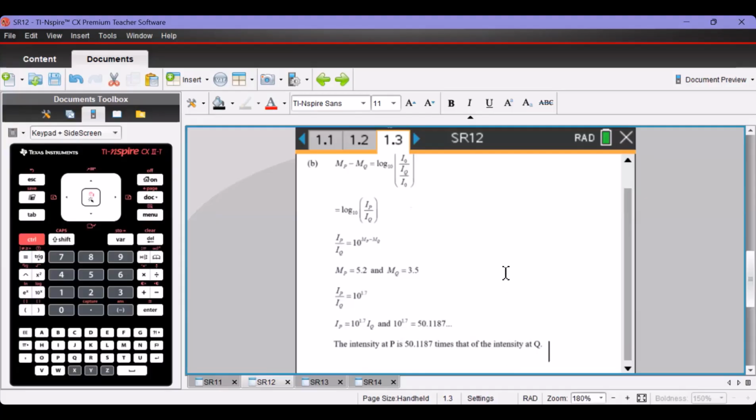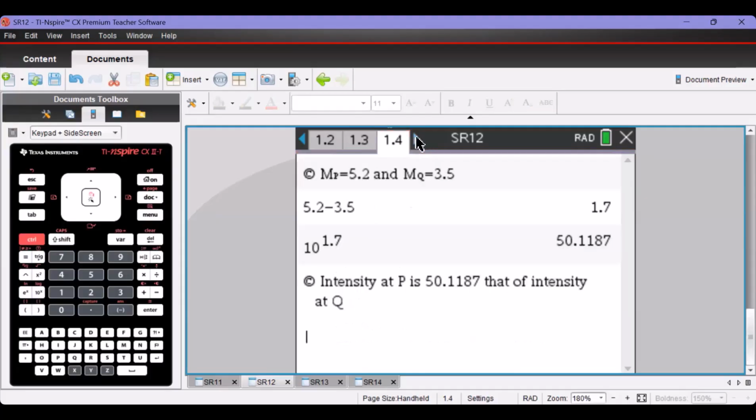So let's just look at the small amount of assistance that a calculator, in this instance TI-nspire, can give. You should be able to do 5.2 minus 3.5 mentally, but I've calculated it there to be 1.7. Then it's just a matter of calculating 10 to the power of 1.7.